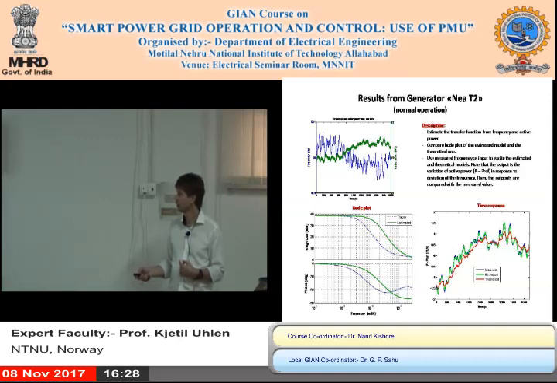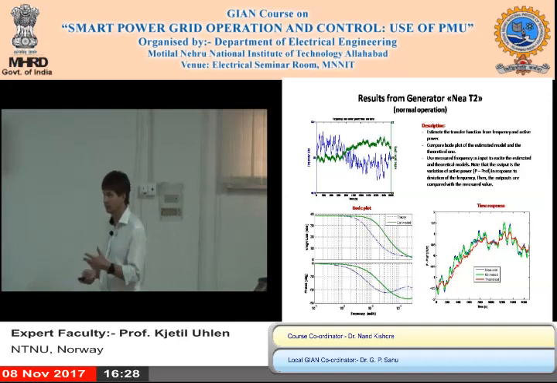And that is also seen here as the frequency response of the model curve is lower. So this confirms that the generator in question here has a very good turbine governor system.